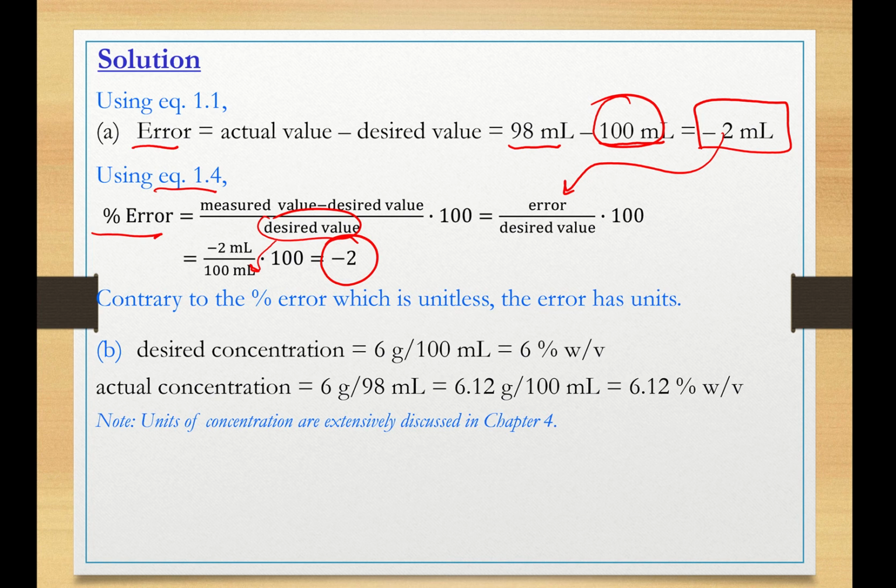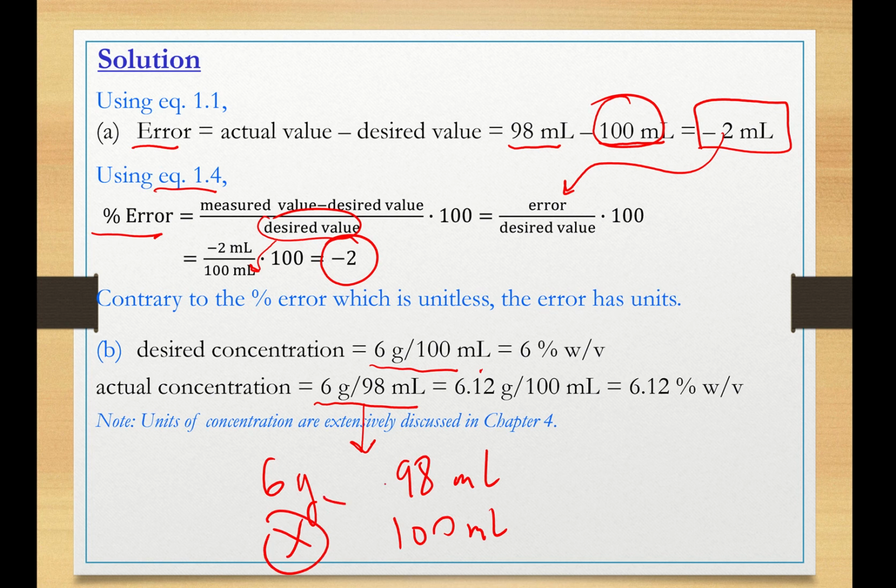B, the desired concentration is of course 6 grams over 100 ml, whereas the actual concentration is 6 grams over 98 ml. So if you normalize this quantity per 100 ml, 6 grams in 98 ml, in 100 ml, how much? This X will be equal to 6.12 grams.